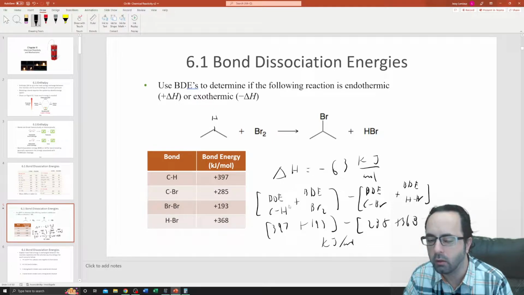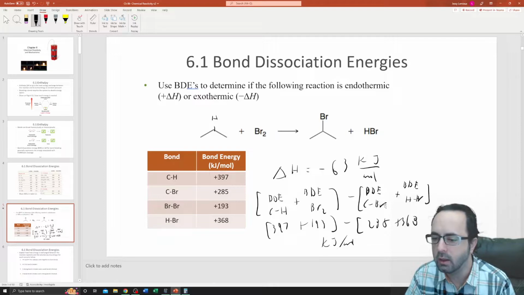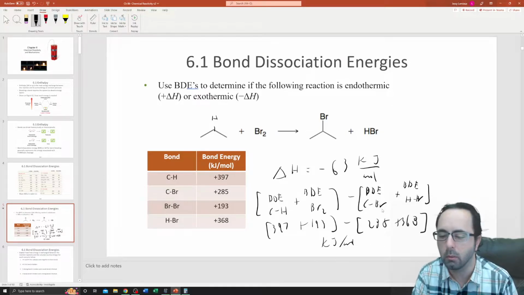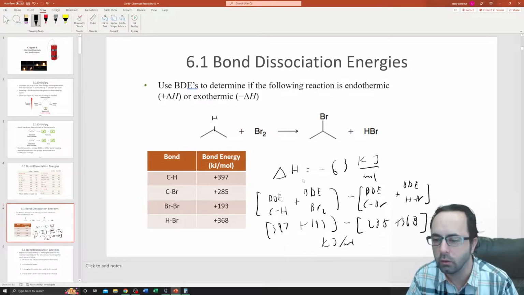Positive here for bonds broken because we have to put energy in. Negatives for bonds formed because energy comes out when bonds are formed. We got negative 63.